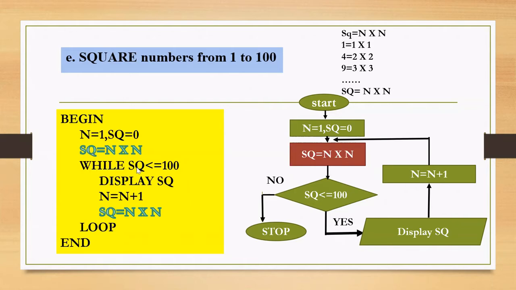Now with the while we can check: SQ is less than or equals to 100. 1 is less than or equals to 100. It is yes. So if it is yes only, it is executing, right? So display SQ. What is SQ here? 1, right? So therefore you can see output as 1 because it is the first square number.